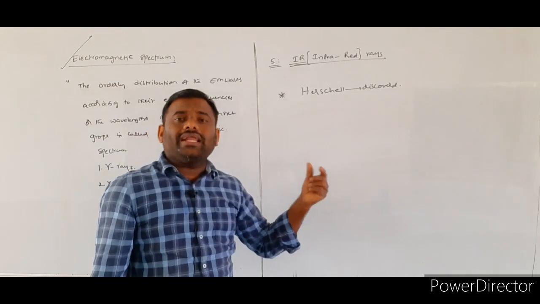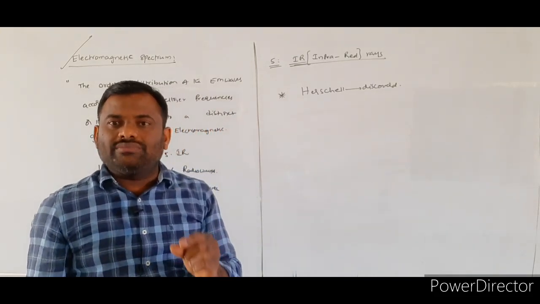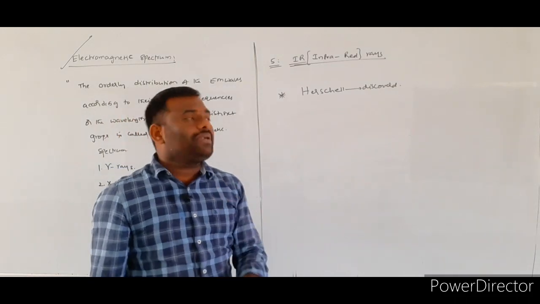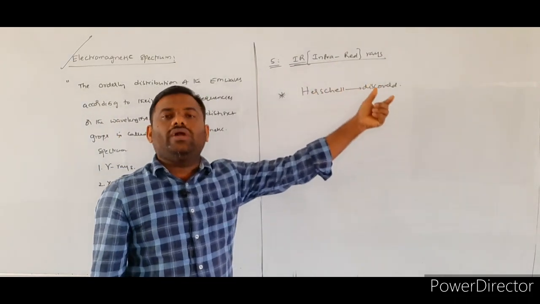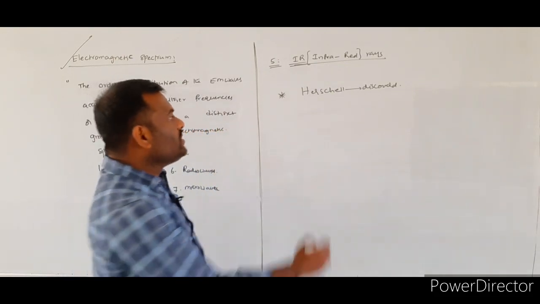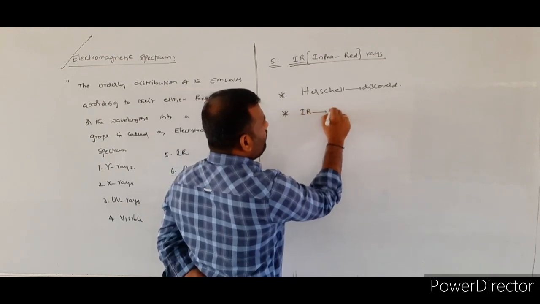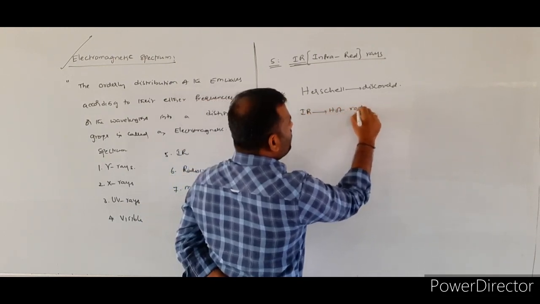What is the IR radiation? It is nothing but hot radiation. Sometimes IR radiation is also called hot radiation or hot waves. So the IR radiation is called hot radiation.